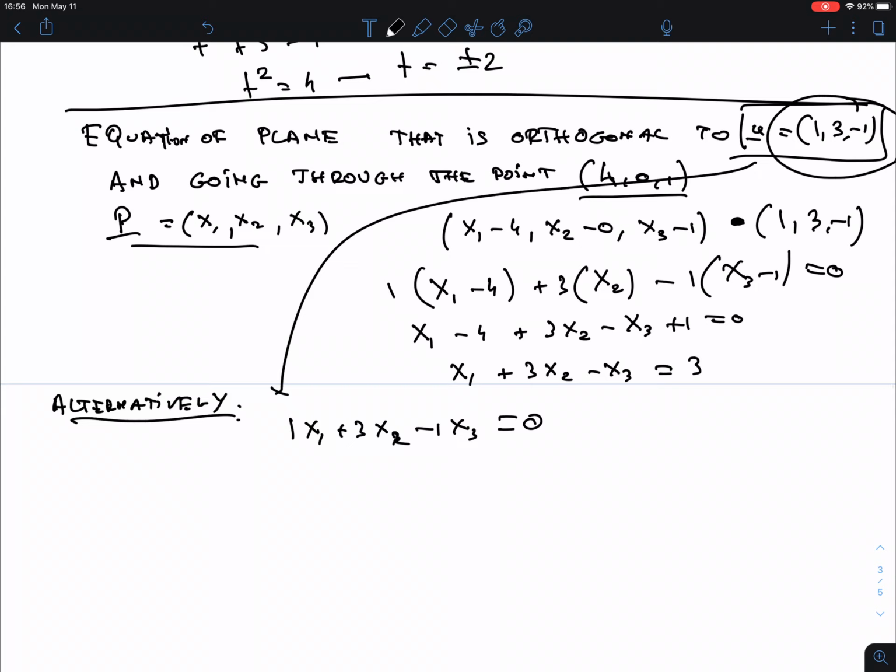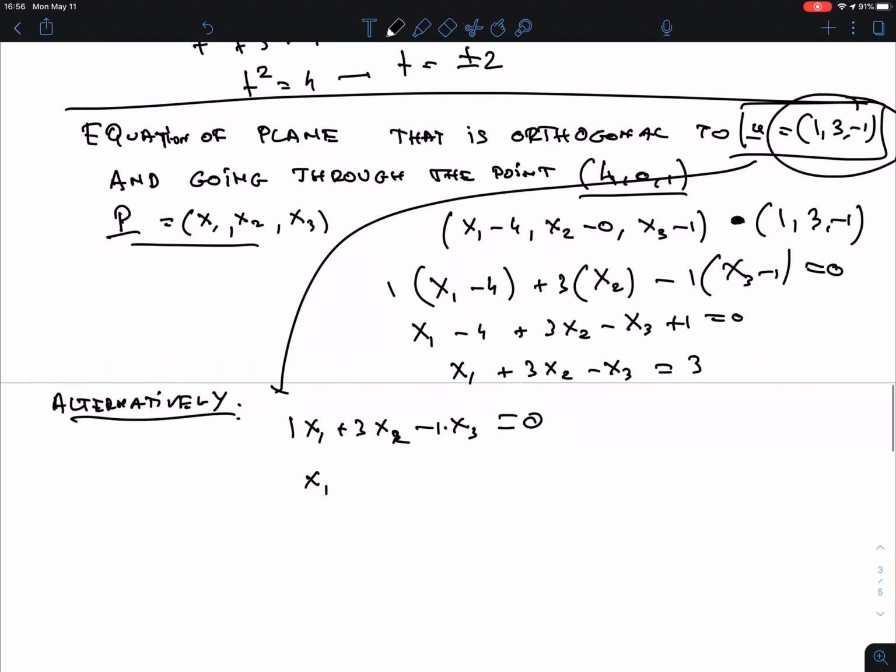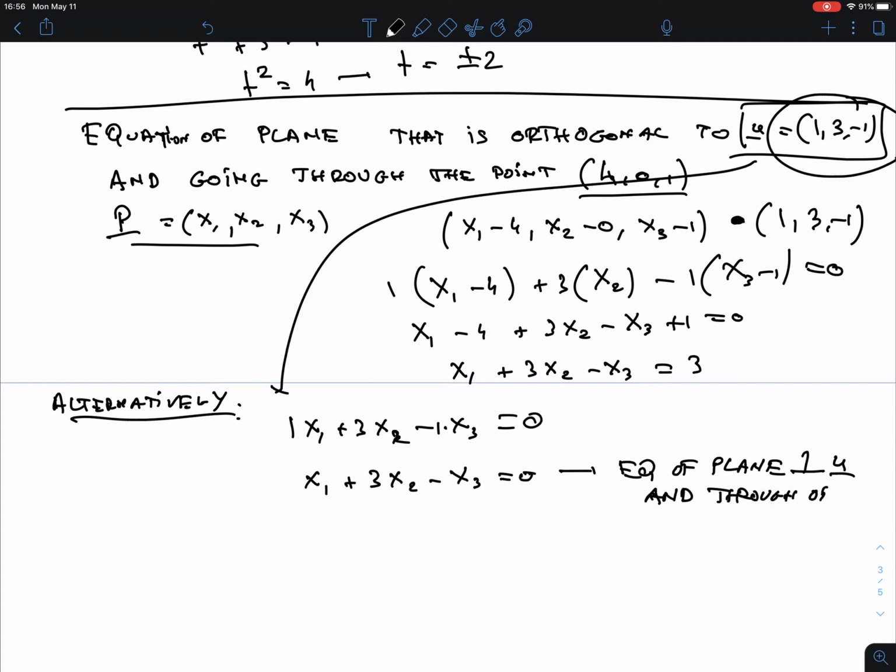This is x1 plus 3 times x2 minus x3 equals 0. This is the equation of a plane that is perpendicular to this vector u and that goes through the origin.